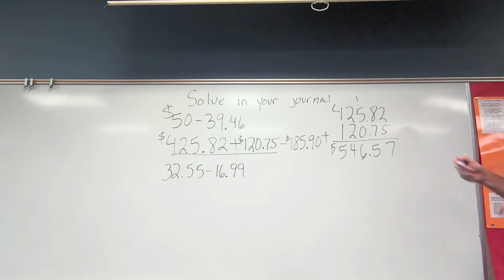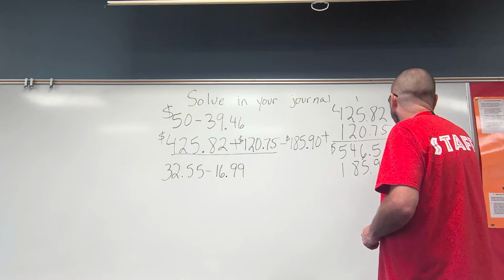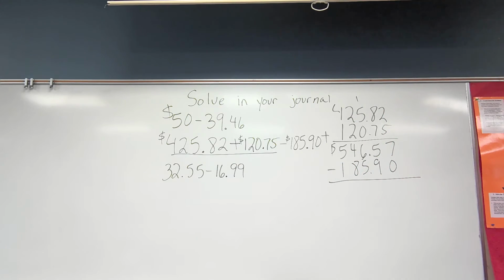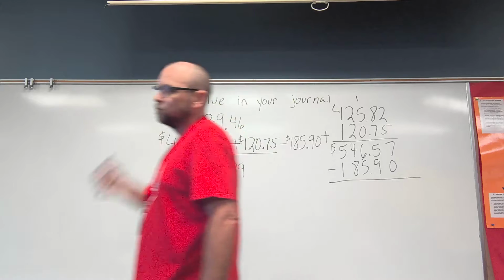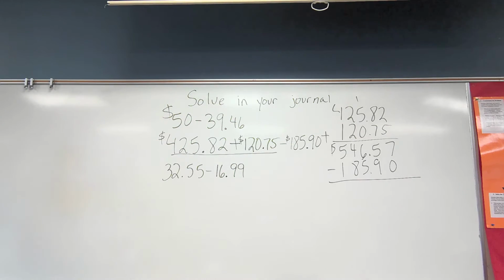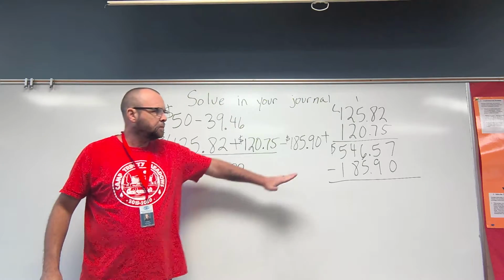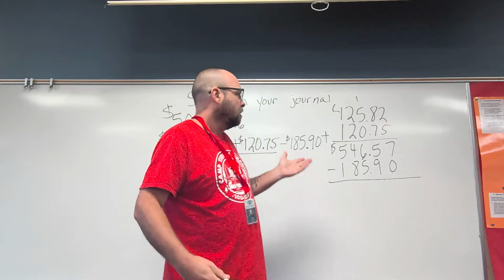So the withdrawal, $185.90. We're finding the difference. Difference is the answer to a subtraction problem. So if it says find the difference between these two numbers, that just means that you're finding the answer to the subtraction.